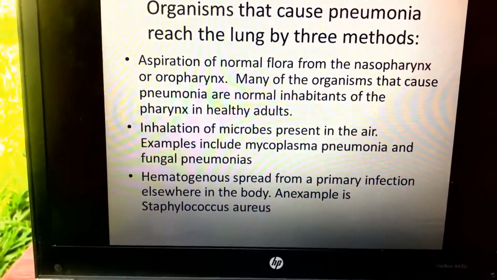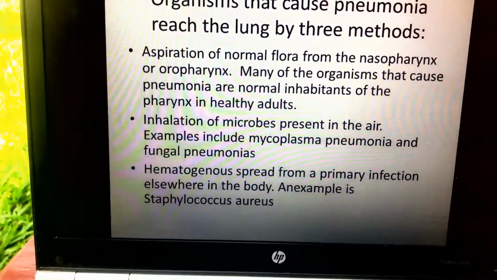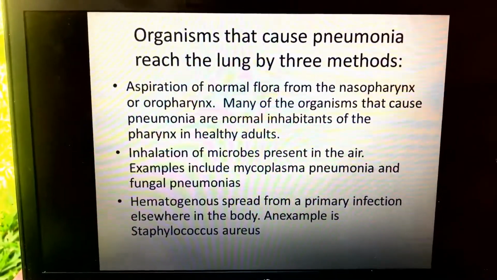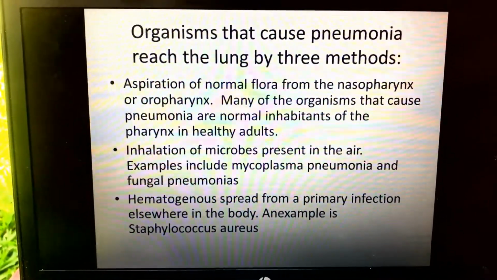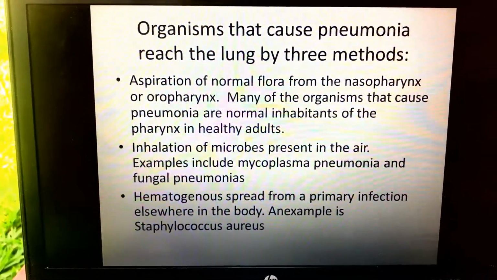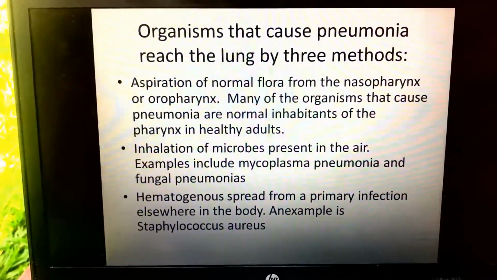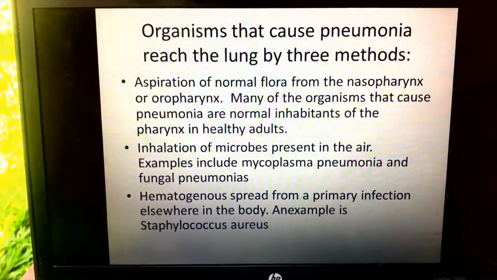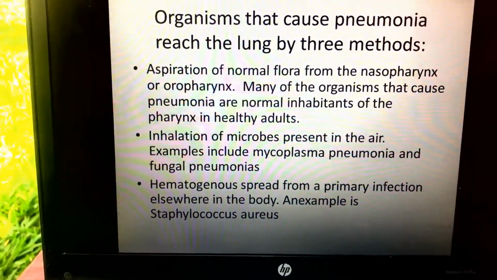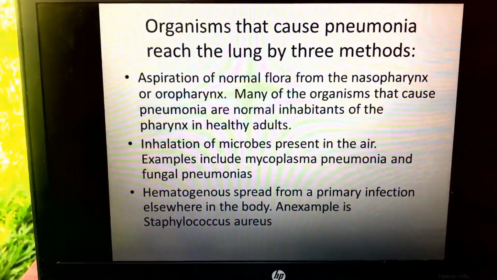The microbes reach the lungs and infect the lungs, and you will develop pneumonia. A typical example is Staphylococcus aureus, which generally infects wounds. But if they reach the blood circulation, they can even reach the lungs and you develop a Staphylococcus aureus pneumonia.